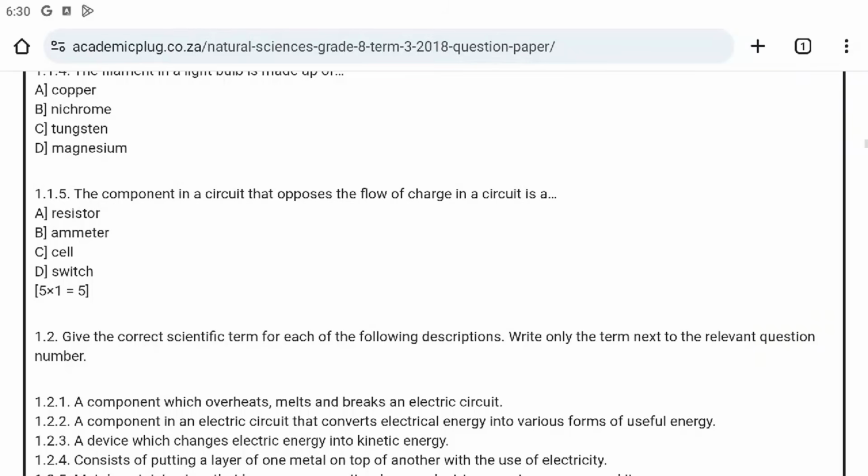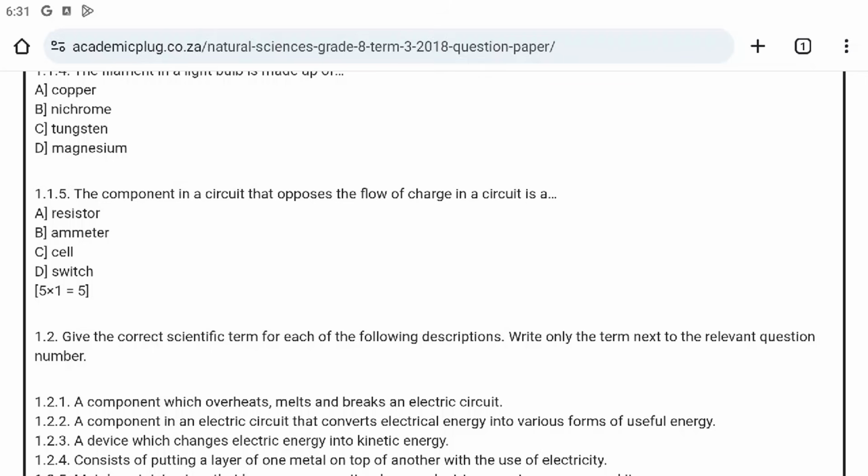And later on in this question paper, we will also go through the symbols of these resistors, the emitter, the cell, and the switch, right? And you'll be able to download a picture that has all these symbols that you are most likely to be asked about, even for the technology subject.